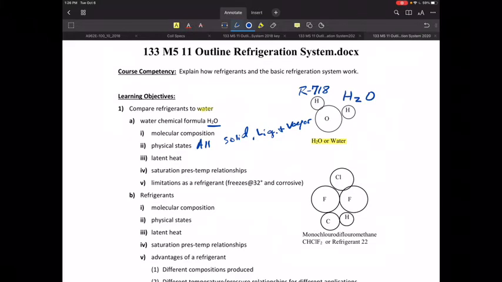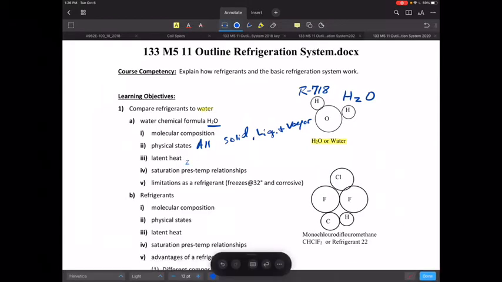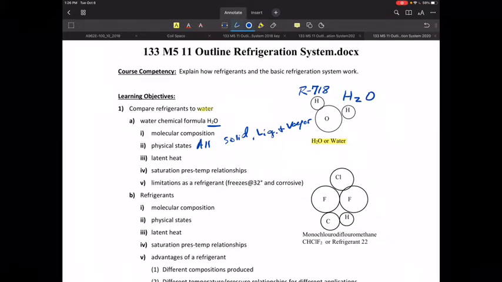Now, one of the things that we also have in here is that water has a latent heat of approximately, roughly around, I think I'll write it out, 970 BTUs per pound. It's really an incredibly high amount of latent energy. So it's one of the highest of any of the substances, being around that 970.